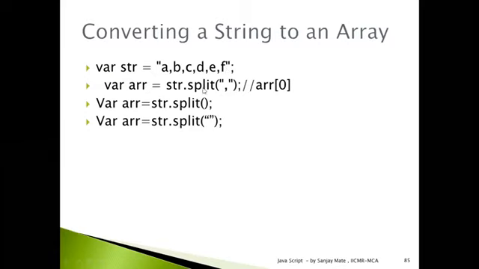Now, if I do not provide anything in this, what will happen? In this case, the whole string, a, comma, b, comma, c, comma, d, will be stored in a[0]. And the next is str.split with double quotes, where you provide nothing between them.